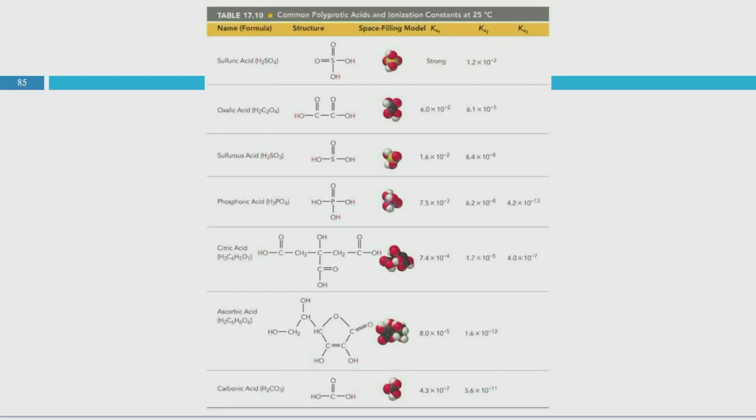And in our triprotic acids, we've got -3, -8, -13. So it's progressively getting smaller at each step because of that change in charge. And for citric acid, it's the same thing, just slightly smaller difference in those Ka values, probably because it's a larger acid.